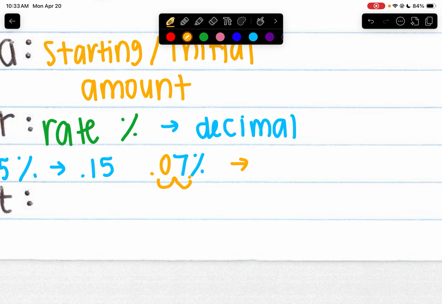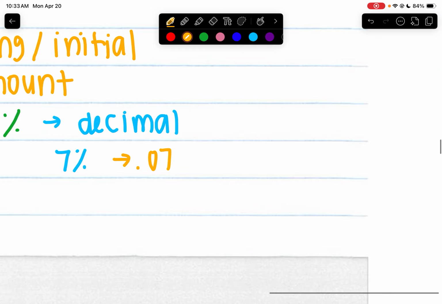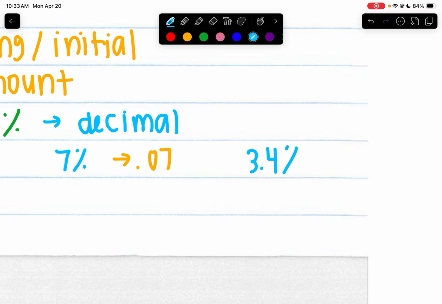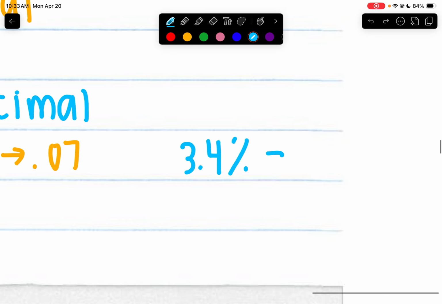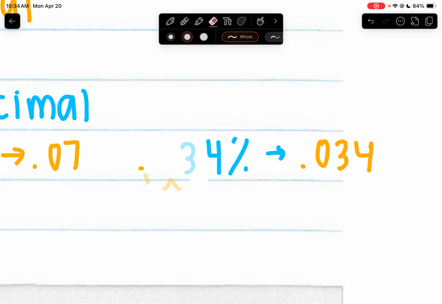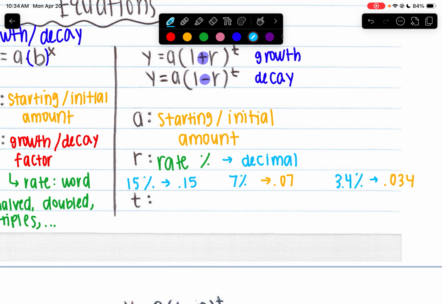So this is going to be 0.07 as a decimal. And then the last one, as an example, we'll do 3.4%. It's still moving 2 over, right? So it's going to be 0.034. You're still going to keep that 4, but in this case, the decimal is already there, so you're going to move from where it's at. All right, so those are going to be your 3 examples for that.